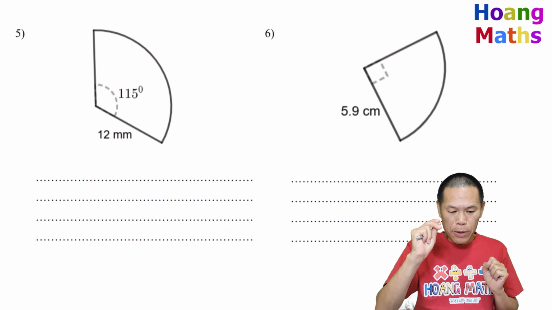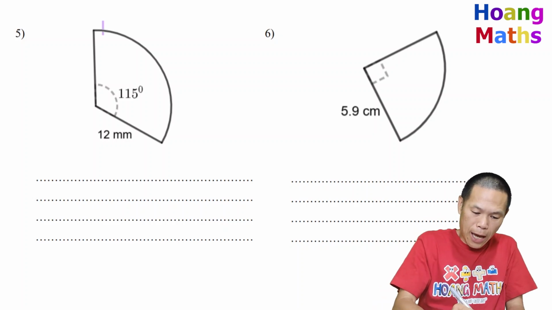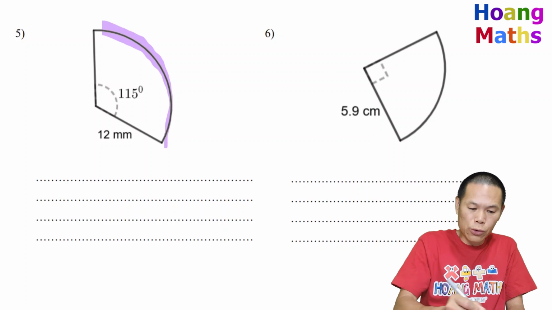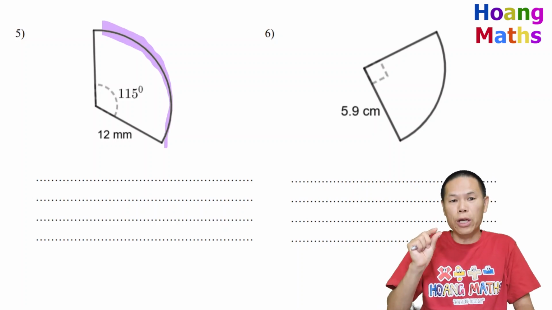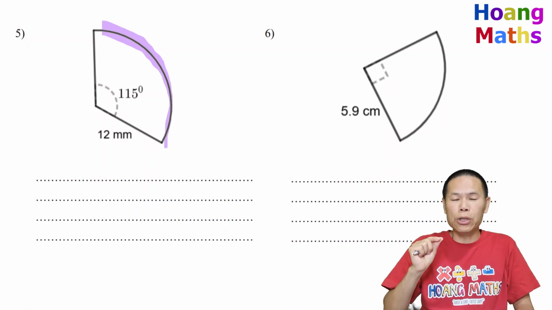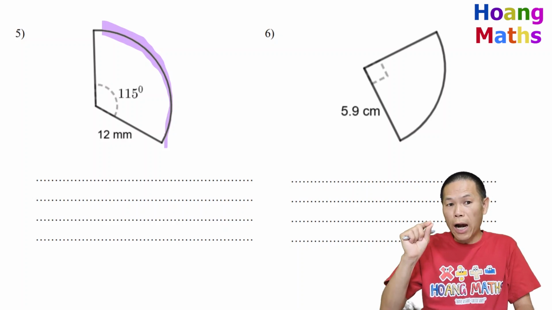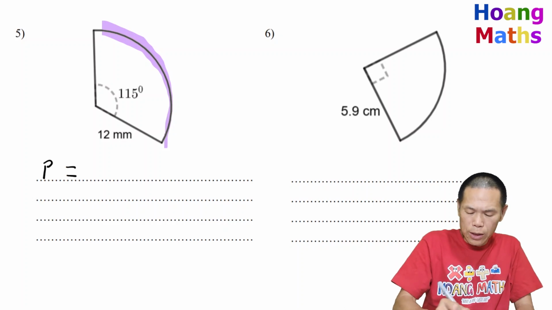So first of all, let me just work out the length of the arc first, okay? So this arc length here, we use circumference is 2 pi r, right? Because we already know the radius of this arc. That is 12 millimeters. So we just use 2 pi r.